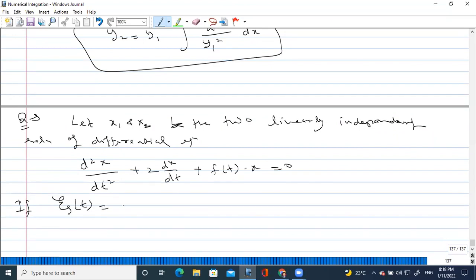Now see how they are giving the symbol. If xi(t) is equal to x1 x2 dot plus x1 dot x2, comma, xi(0) is equal to 1, then find xi(1) is equal to what? So this is the question.